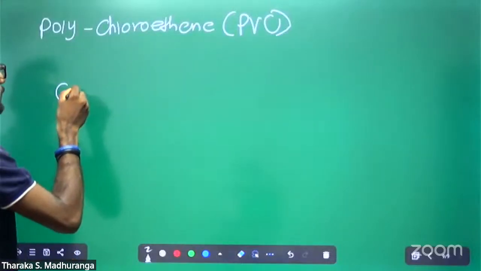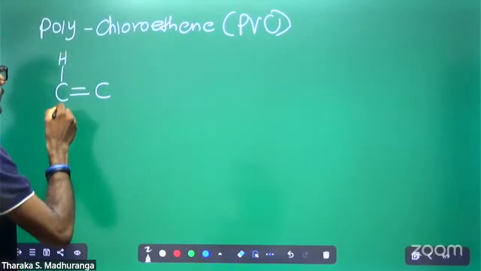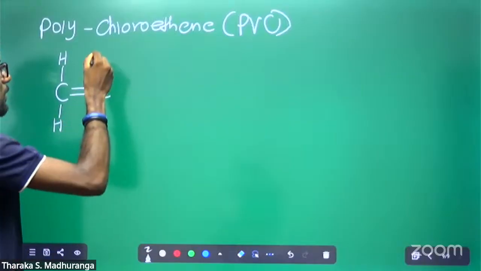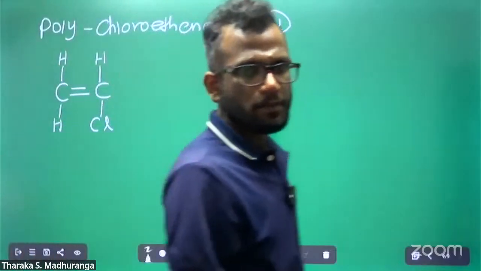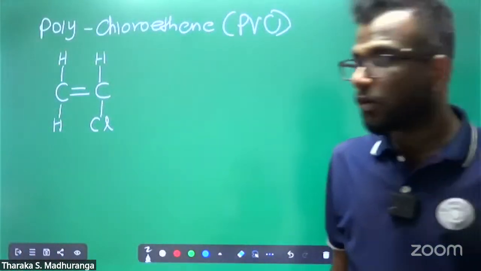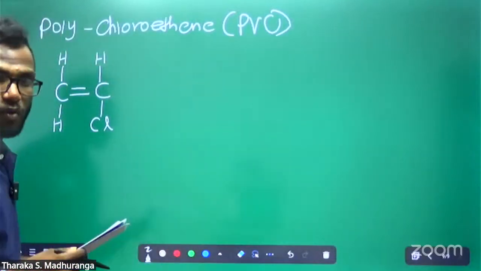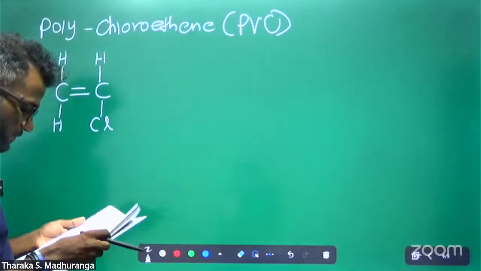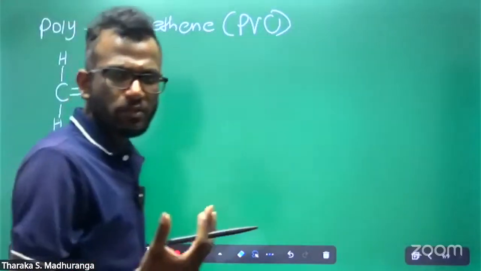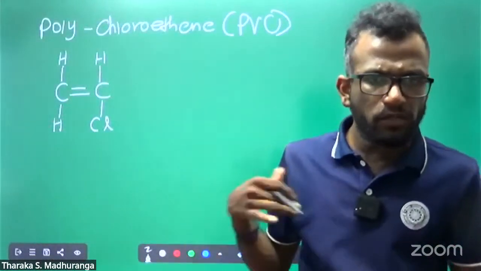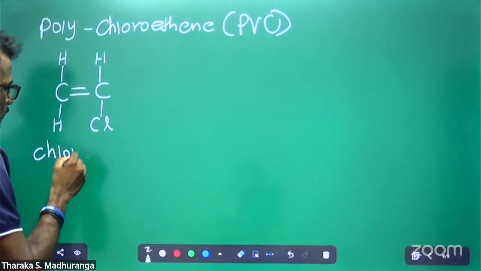The structure is like this: hydrogen, hydrogen, hydrogen, chlorine. That is chloroethene. Because of this one chlorine, we call it chloroethene. I haven't given the structure, but now you can imagine it, no? I don't need to repeat again and again.